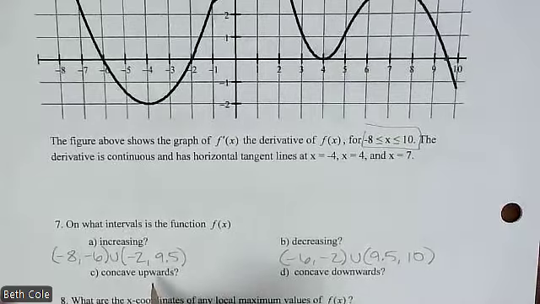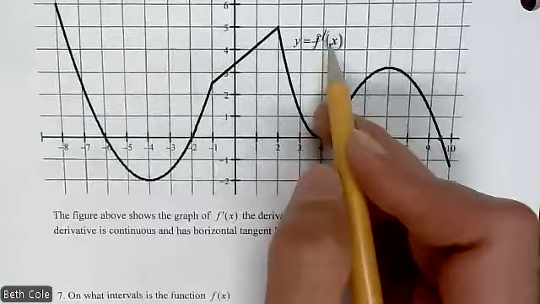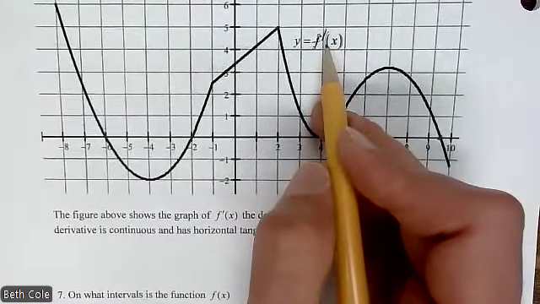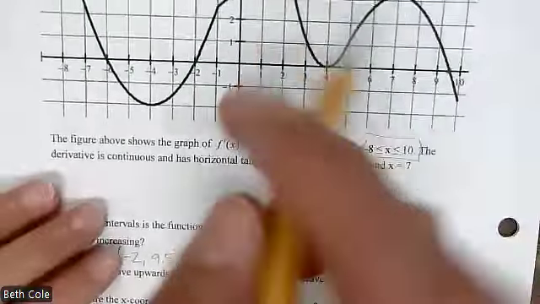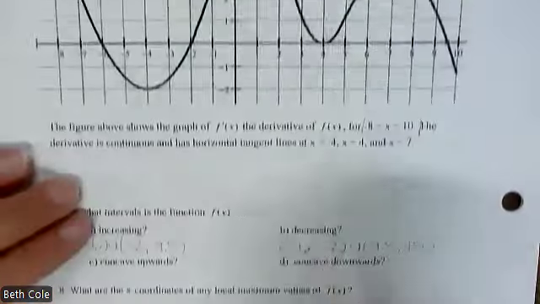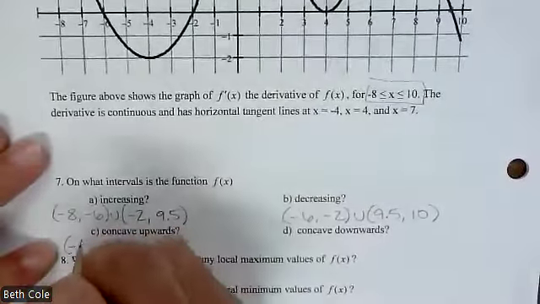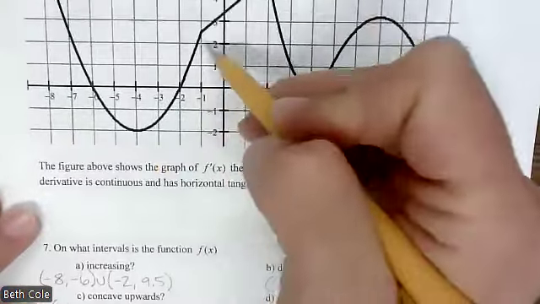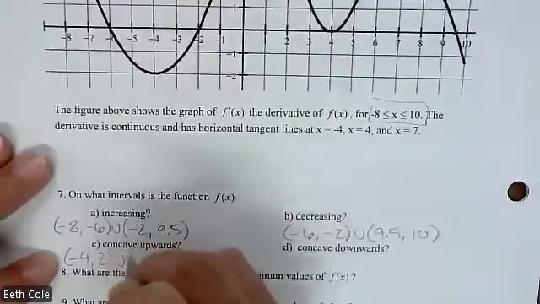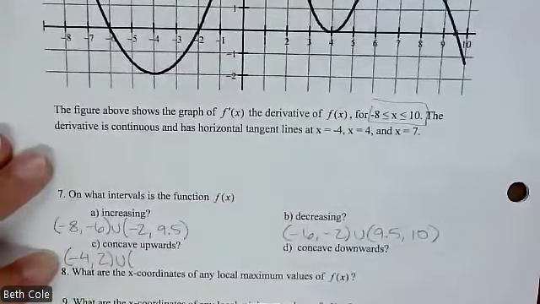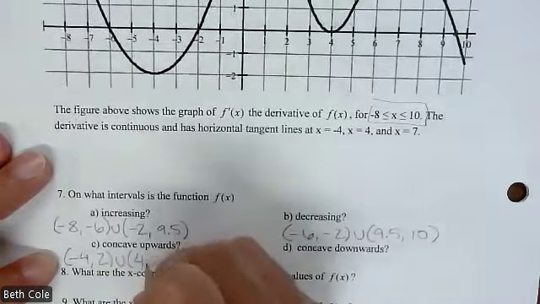Cool. Concave upwards. Look at your sticky note where f of x, the first column, is concave up. What is f prime, the middle column, doing? Good. Where is the graph you are looking at increasing? -4 to 2. Good. Union, 4 to 7.